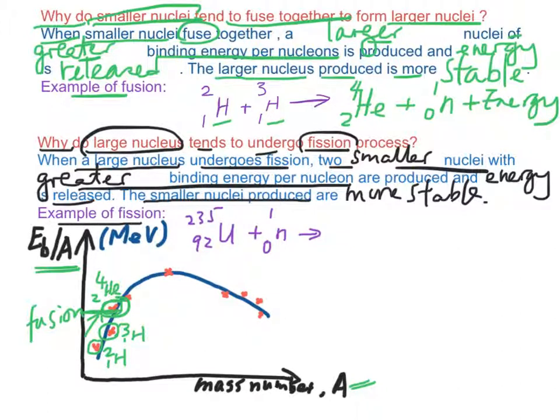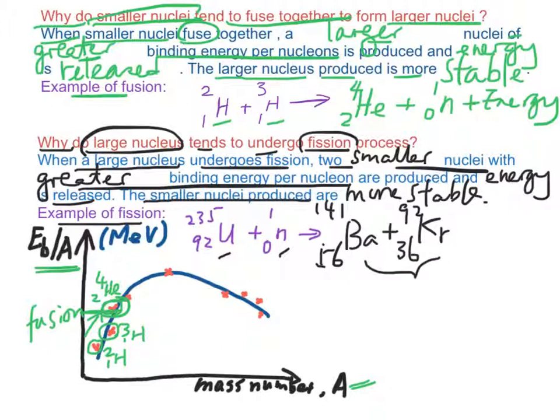An example of fission is uranium hit by a neutron, which undergoes fission and splits into barium and krypton, which are smaller nuclei compared with uranium, and these two nuclei have greater binding energy per nucleon. Also, neutrons are emitted with the emission of energy too.